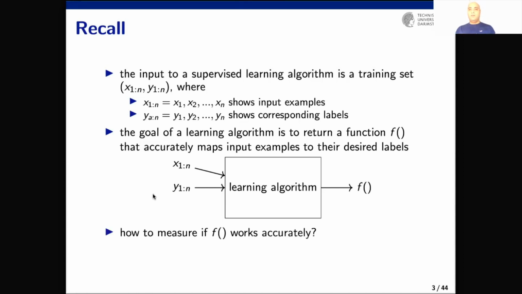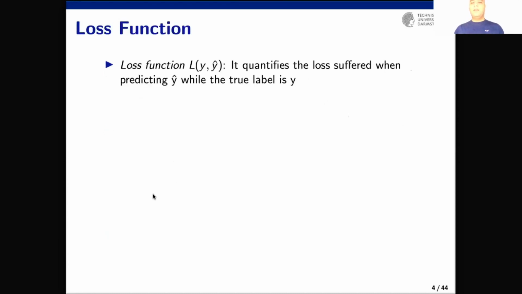But somehow we need to know if f works perfectly, right? So we need to measure how well f is working. Here we can define the loss function. Let's say the function L is defined over true labels y and the outputs predicted by our network, y hat, and quantifies the loss suffered when predicting y hat while the true label is y.